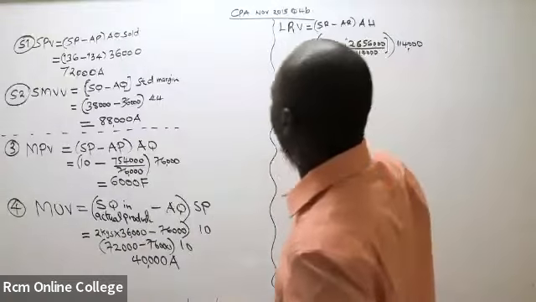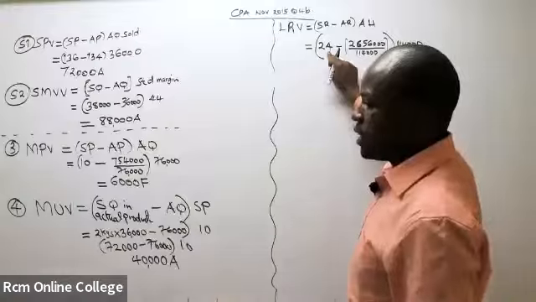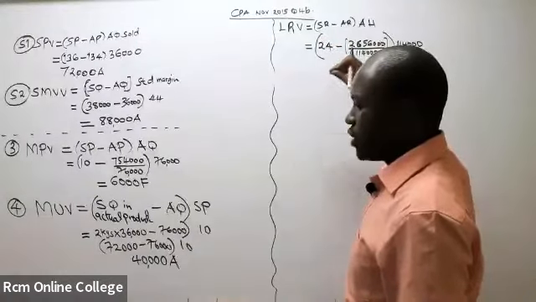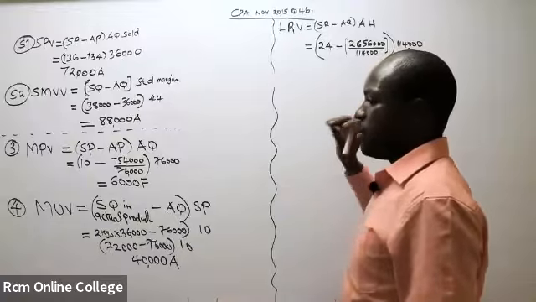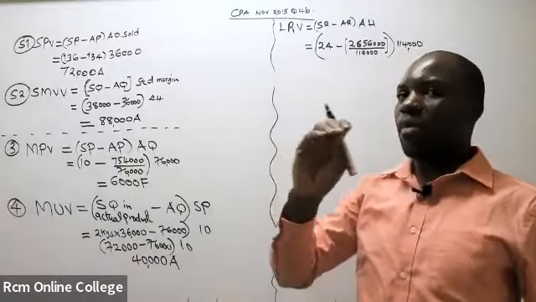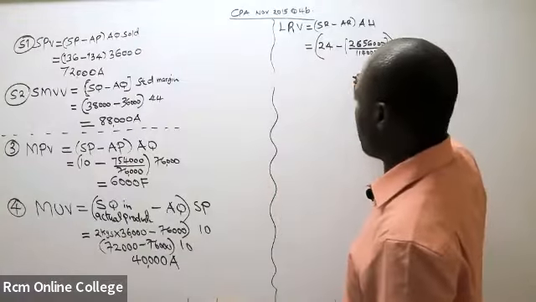Now you will ask yourself, if you are to pay 24 shillings, but it has been reduced a little, now you pay 23. Is it something you should be happy about, or is there a problem? You should be happy about it because you've saved some amount. The moment you've been able to see that you've saved, it is favorable.